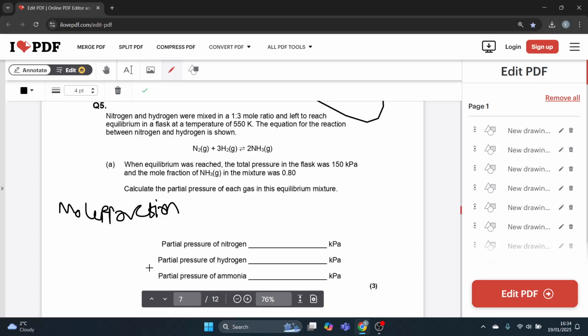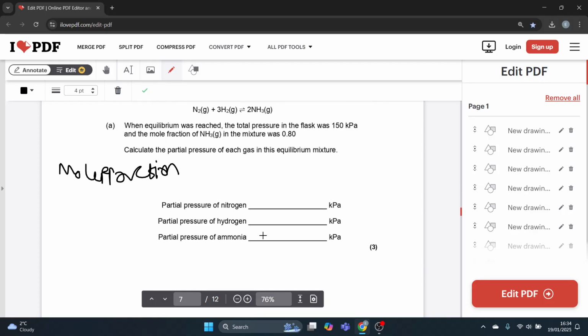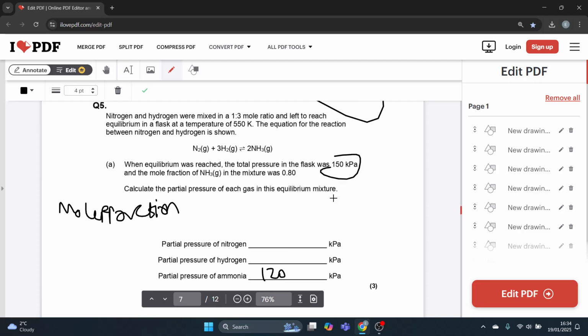It's just the mole fraction of ammonia times the total pressure in kilopascals. I get 120. But the total pressure was 150, so to find the remaining pressure, 150 minus 120 is 30 kilopascals. I've got 30 between these two. That's the remaining pressure.